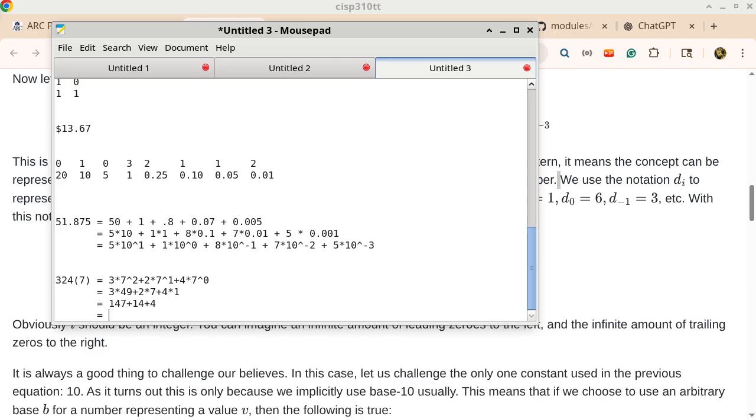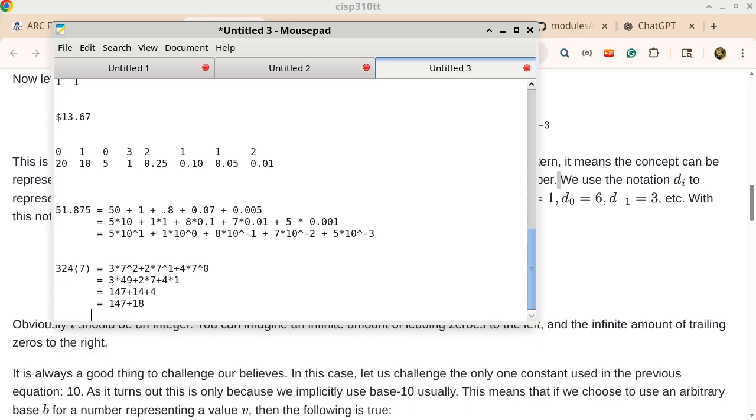And that would be 147 plus 18, which is 165, I think. 165 in decimal. Is that okay? Are we good? All right.